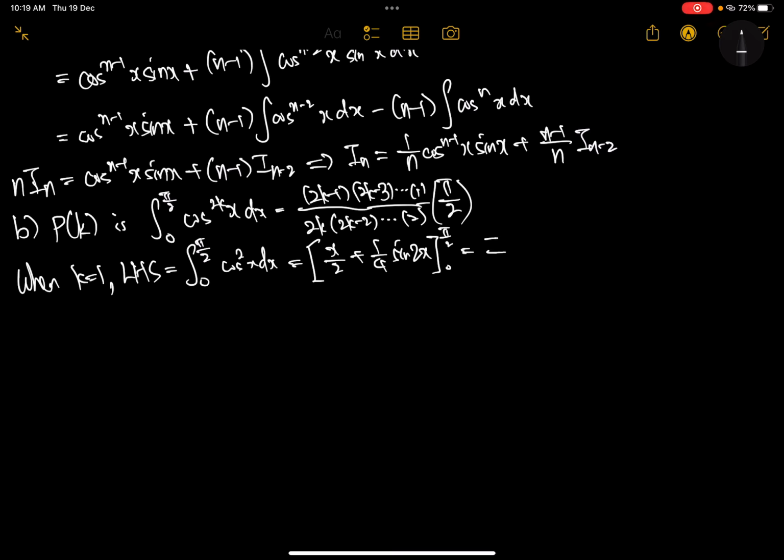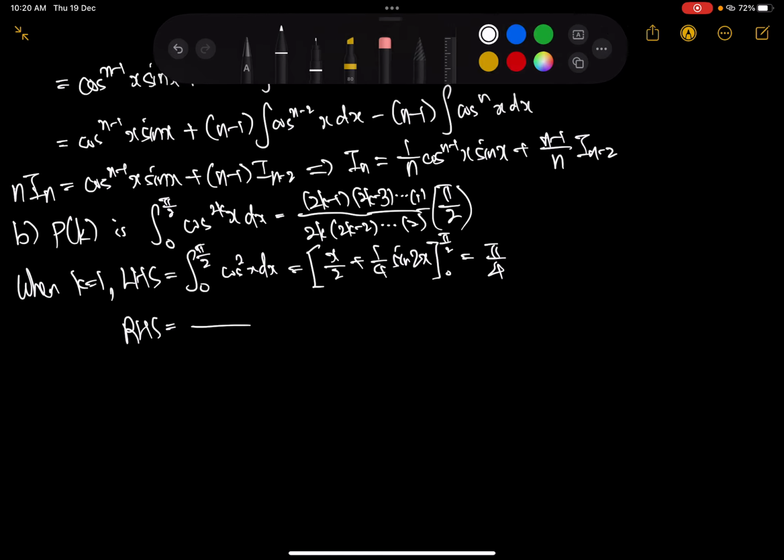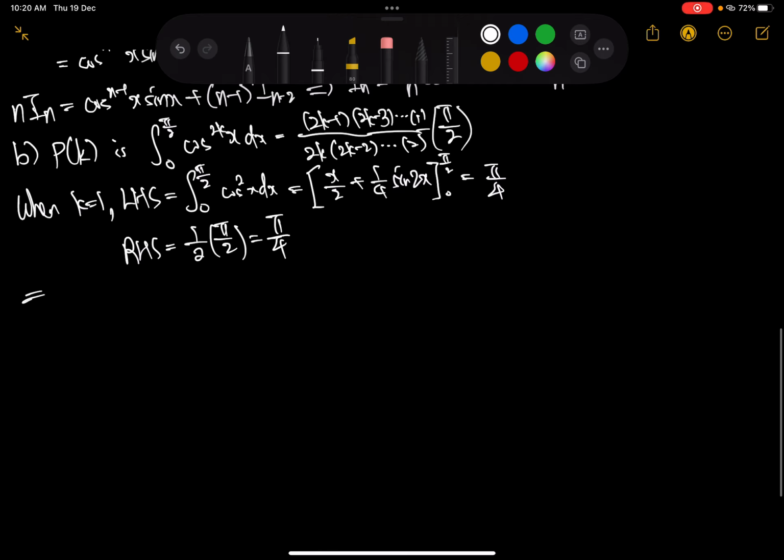So we have pi over 4 plus 0. So that's just pi over 4. And on the right hand side, we have 1 over 2 times pi over 2, which is just pi over 4. This means P1 holds.